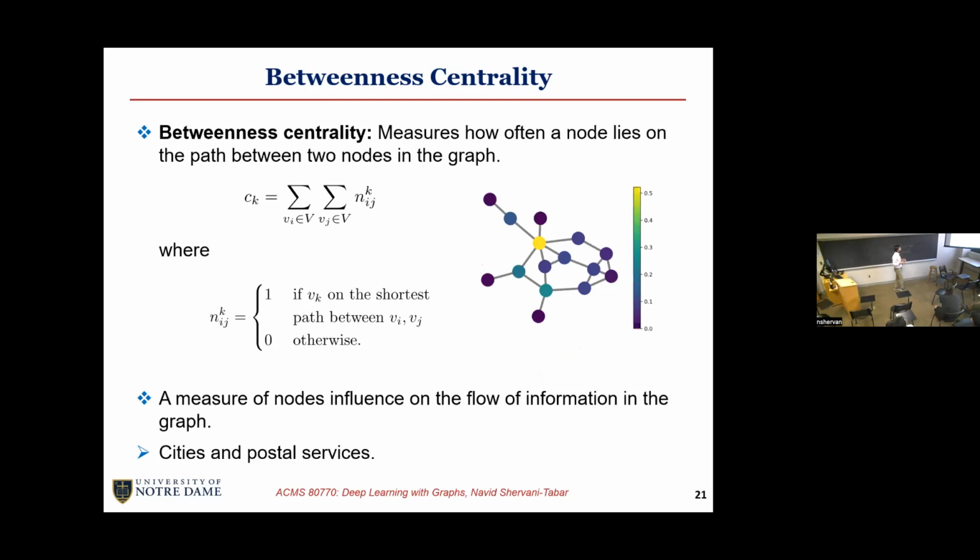All right, another term that we will see is betweenness centrality. Betweenness centrality looks at how much in between different nodes one node is. You can think about it as, let's say we're in the Western US 200 years ago, or 150, and people are using horses to send messages.